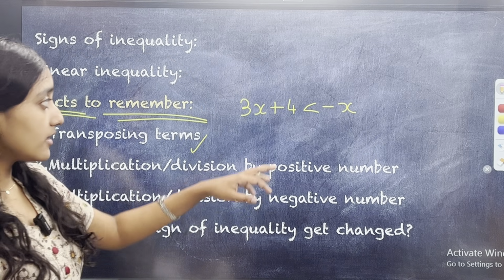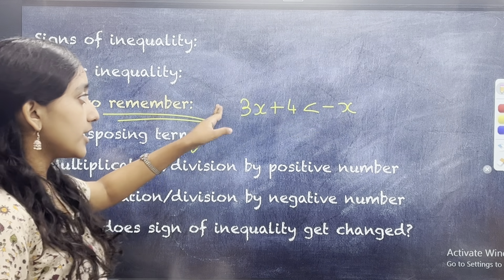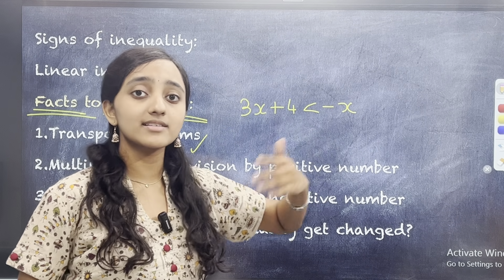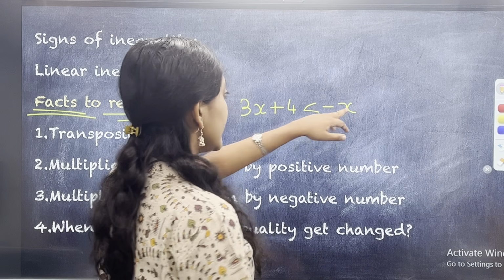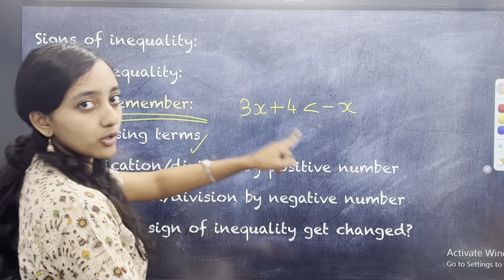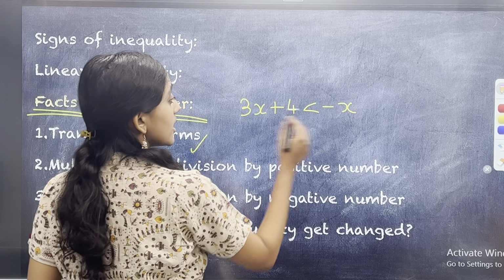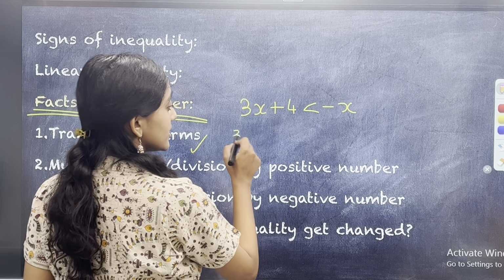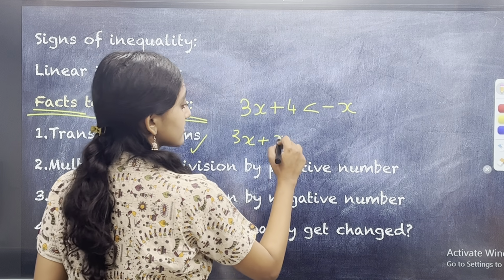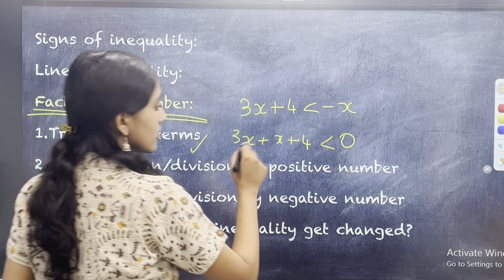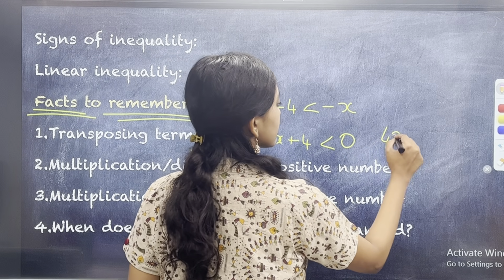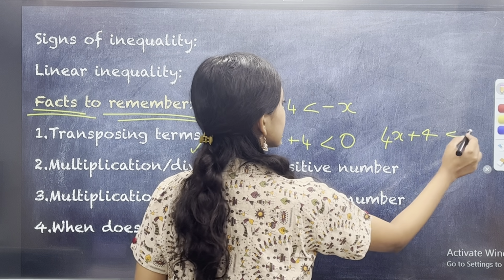Now you want to bring this one to the left hand side. Right hand side पे it is negative, you want to bring it to the left hand side. So minus x agar right side पे ho, so when you move it to the left side, minus x will become plus x. So 3x plus x plus 4 is less than, यहाँ पे बस 0 बचा, so 0. So you have 4x plus 4 is less than 0.